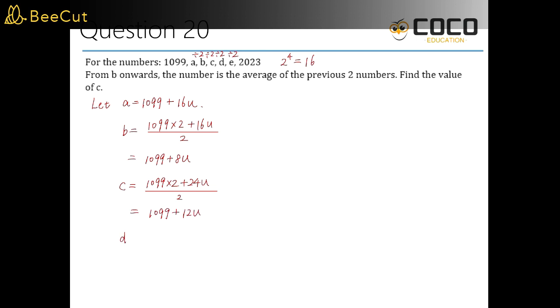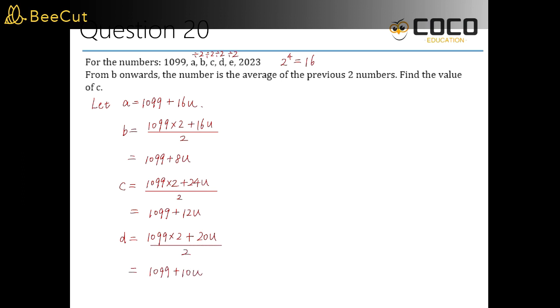After that, we check for D. You add B and C together, so 1099 times 2. For B this is 8U, for C it is 12U, so the total is 20U. Divided by 2, D is 1099 plus 10U.